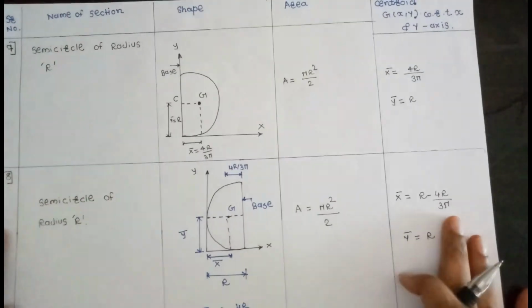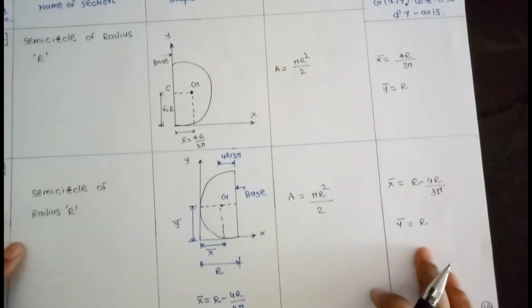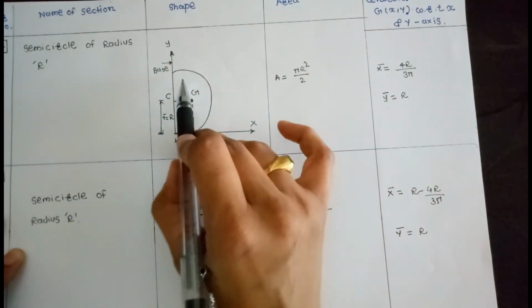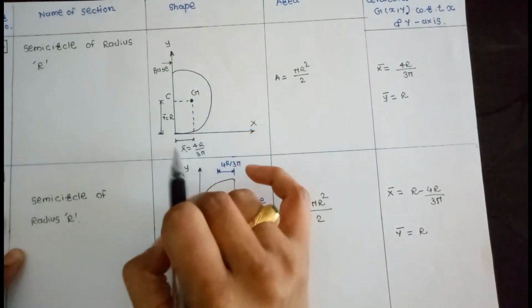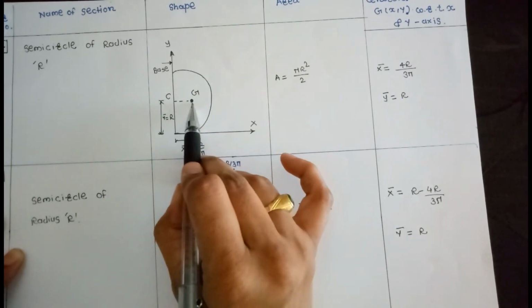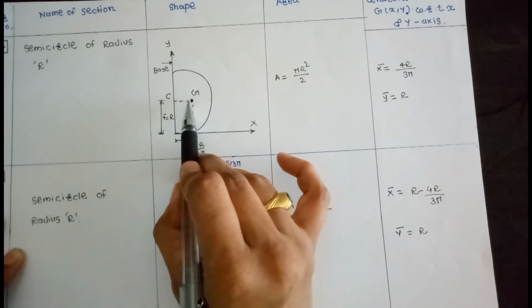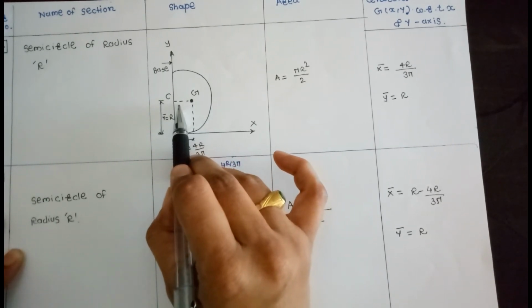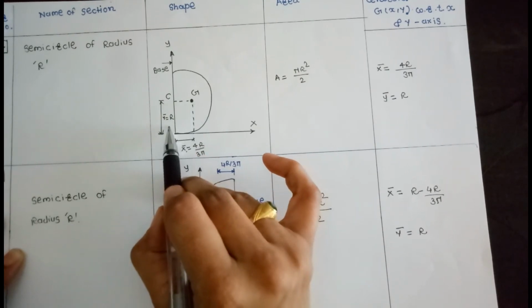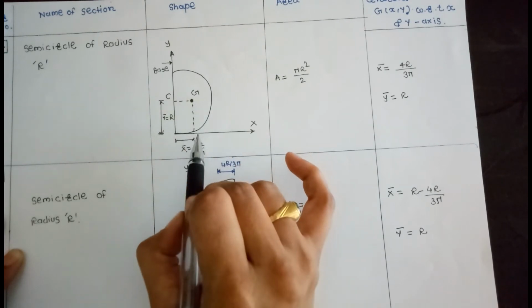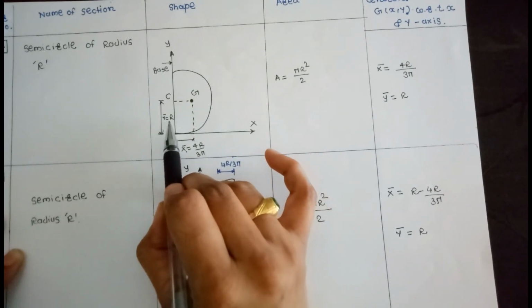So next, semicircle of radius r. This is the base of the semicircle and this is the curve. This is the y bar. The distance between G and the y axis base is the x bar, and the distance between G and the x axis base is the y bar.